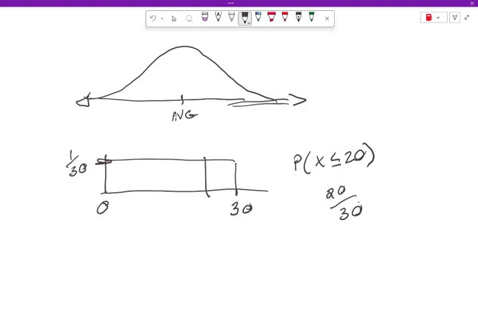Probability of less than 15 is 15 out of 30. And the probability between 20 and 30 in here is 20 over 30 minus 15 over 30.